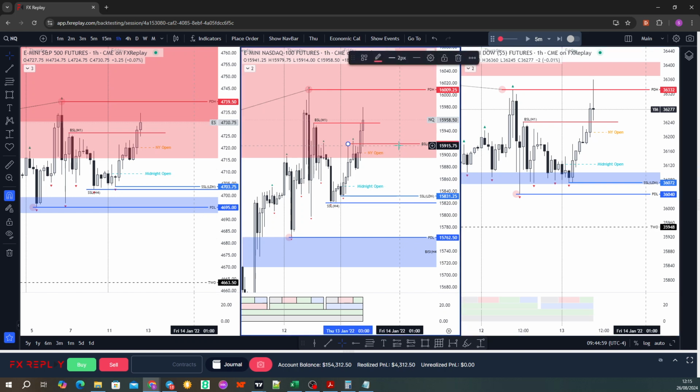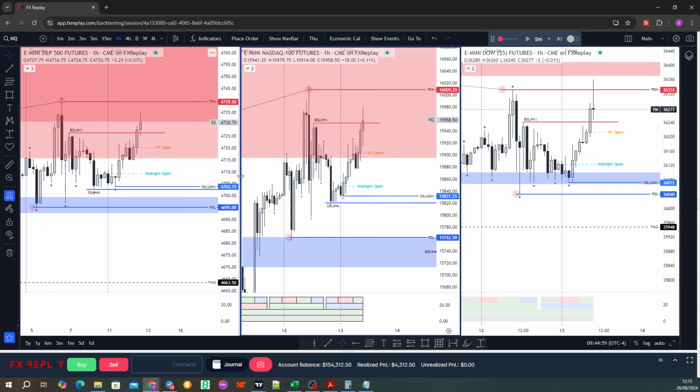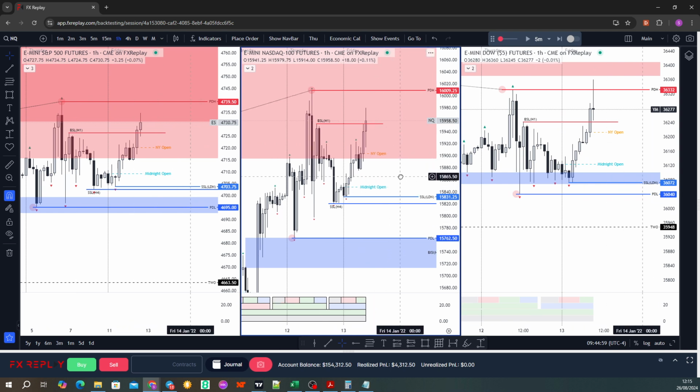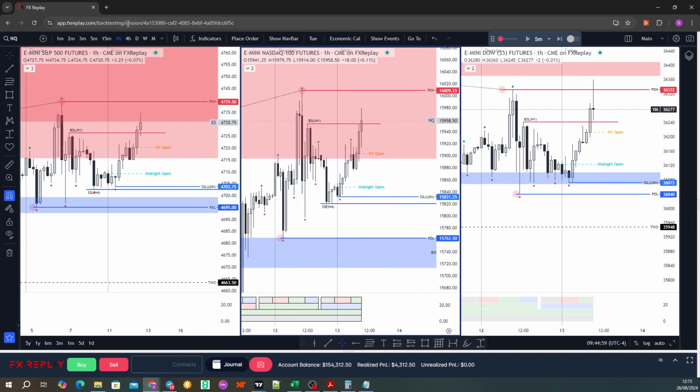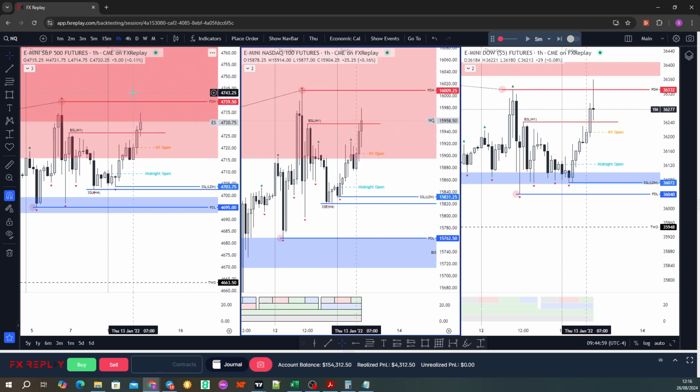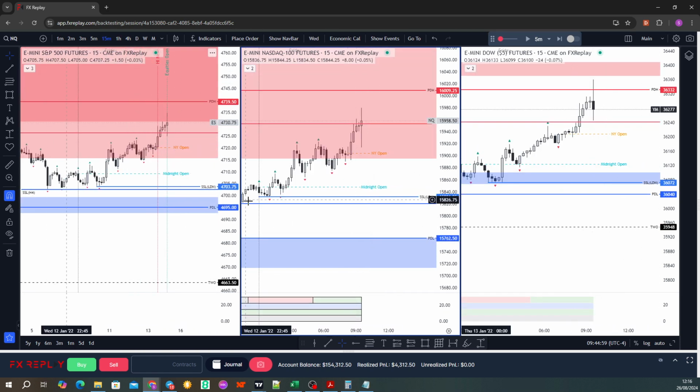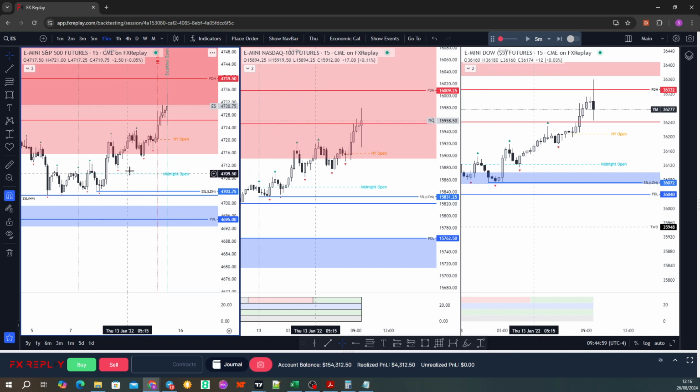Just going to get rid of this, not needed. Okay, so we've ticked that box. Now we have the stacked TOs as well, which is also important, and we're currently inside of a daily / 4 hour SIBI. Equities open.